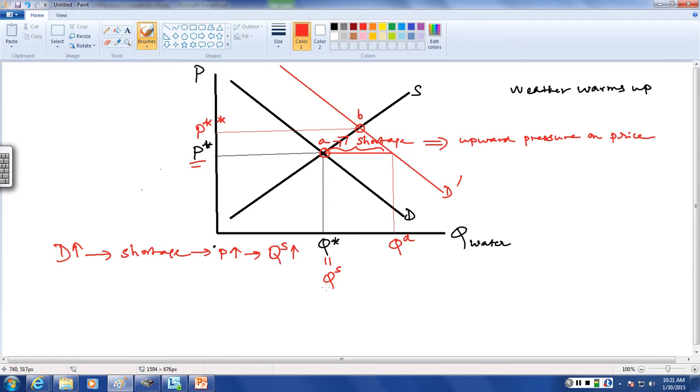When the price rises, you have an increase in the quantity supplied. So when demand rises, you have an increase in quantity supplied. So what we've learned here is that changes in demand lead to changes in quantity supplied. So this is a sequence of events then. Is that fully understood?